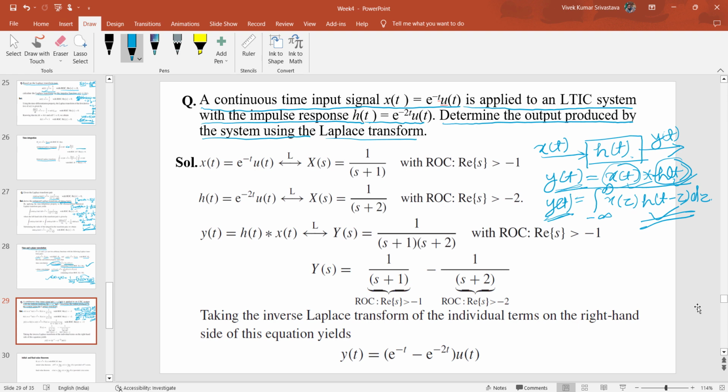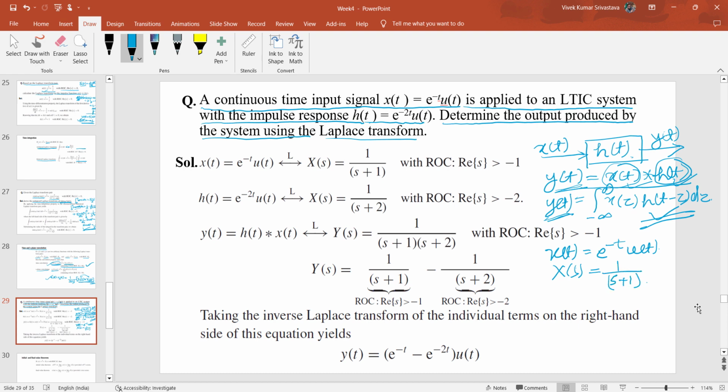Okay, so the x of t which is given to us is minus e raised to the power minus t into u of t. The corresponding Laplace transform is defined as 1 over s plus 1.